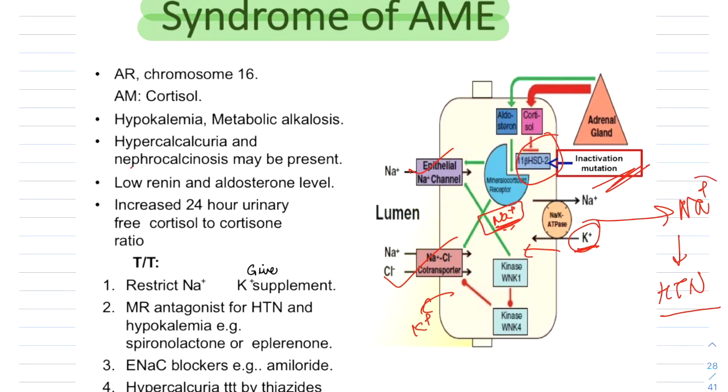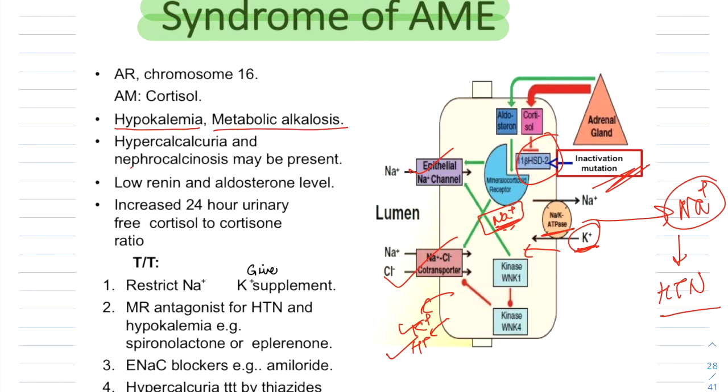The sodium is reabsorbed through the sodium potassium ATPase pump. Also, hydrogen is thrown out into the lumen. So, as potassium and hydrogen are lost, there will be occurrence of hypokalemia and metabolic alkalosis.